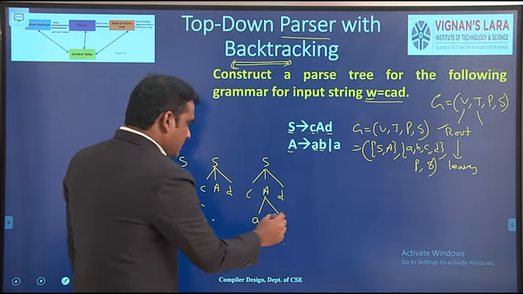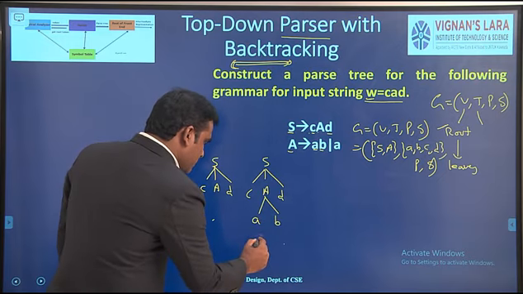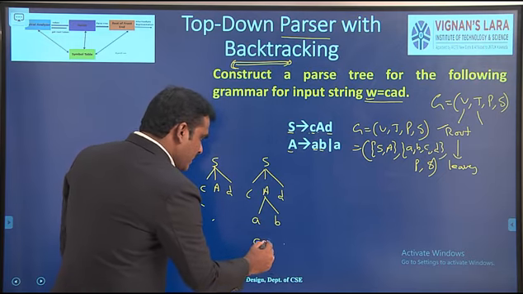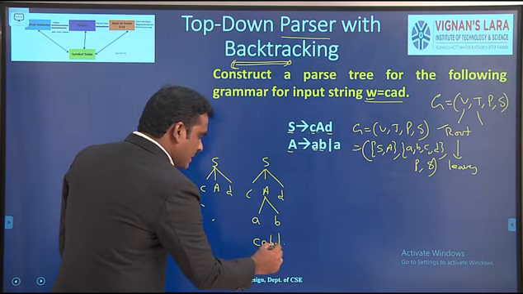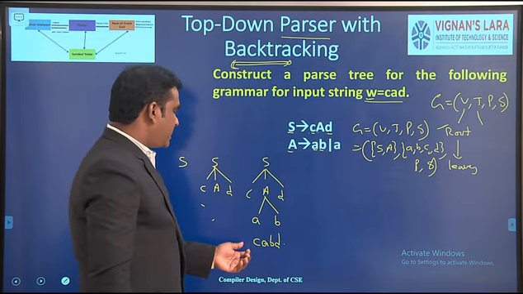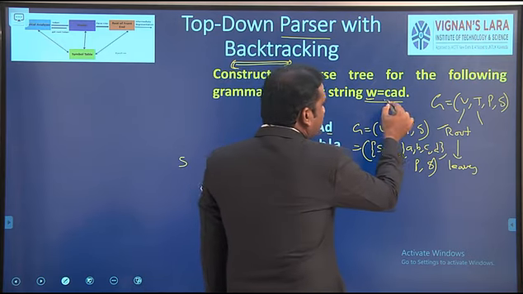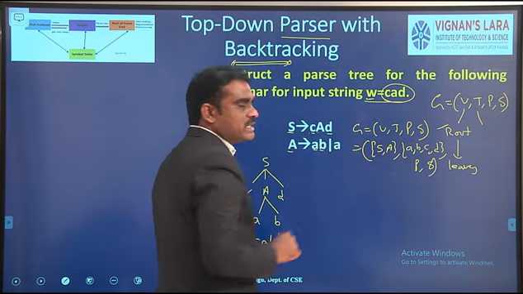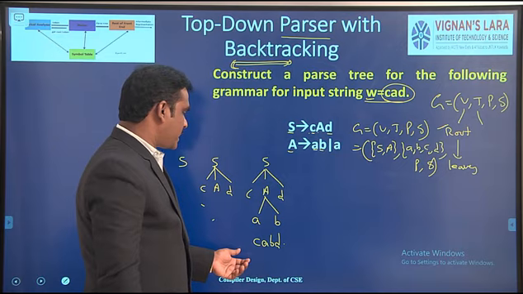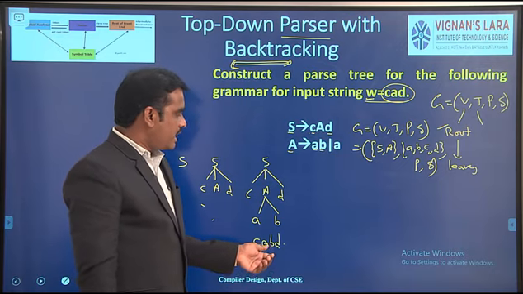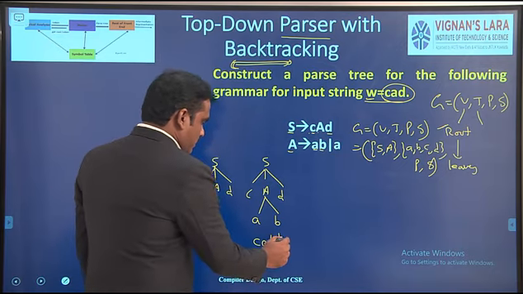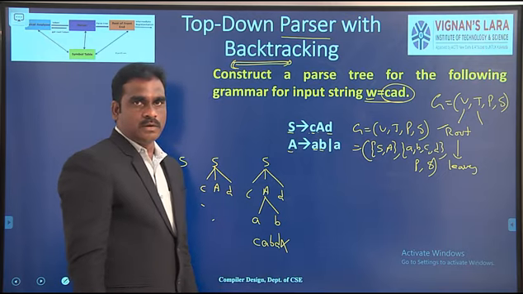So what is the result here? The first terminal symbol is C, next A, B, D. So I have derived CABD, but in the given grammar we have to derive CAD. This is wrong. It is a wrong string.